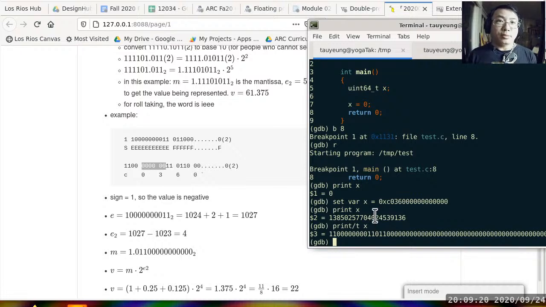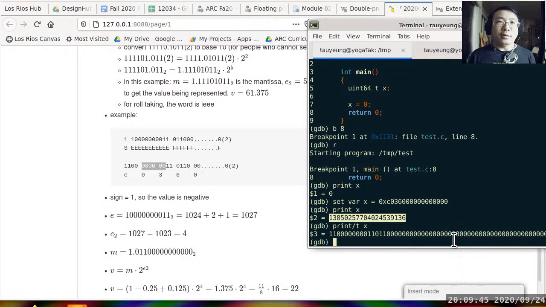So GDB is basically saying, if you don't specify the base, I'll give you the base 10 version of that value. GDB is looking at the 64 bits as an unsigned 64-bit integer, and this value is actually correct if you want to look at those 64 bits that way. But that's not what we want to do.